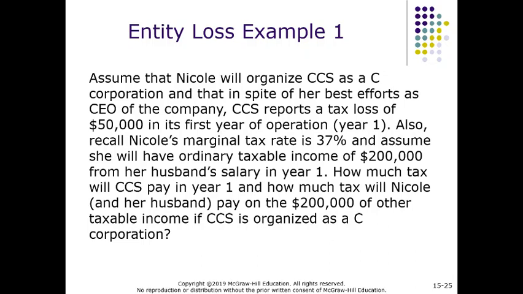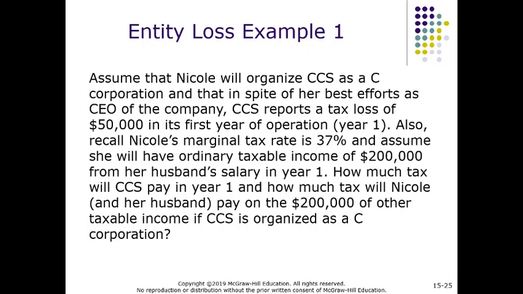Also, recall her marginal tax rate is 37%, and assume she will have ordinary taxable income of $200,000 from her husband's salary in that same year. How much tax will CCS pay in year 1, and how much tax will Nicole and her husband pay on the $200,000 of other taxable income if CCS is organized as a C Corp?